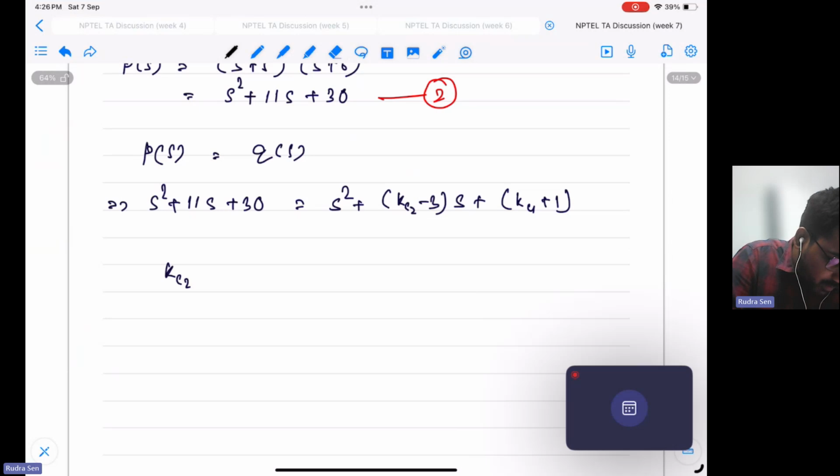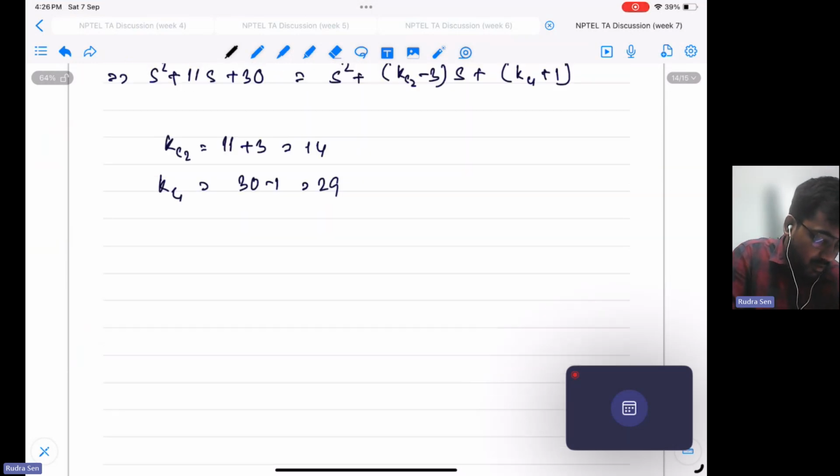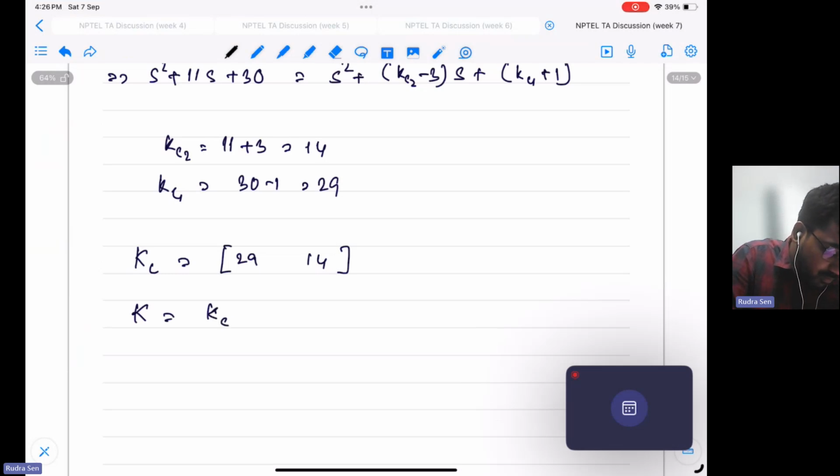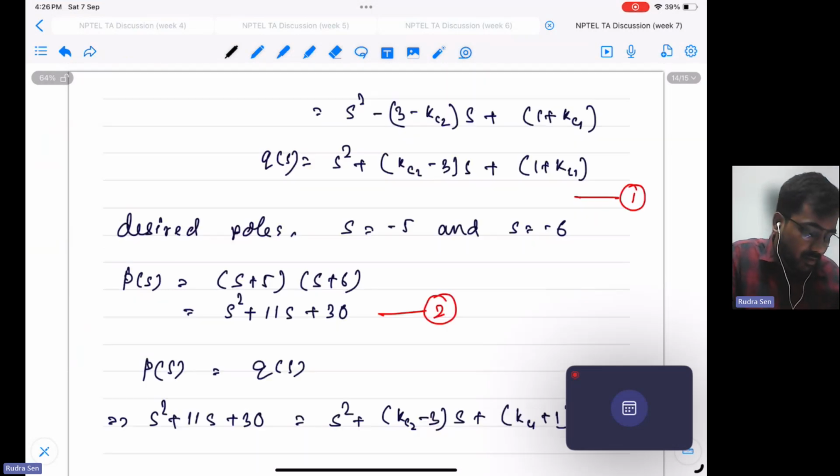So Kc2 equals 11 + 3, which is 14, and Kc1 equals 30 - 1, which is 29. So your Kc is basically 29 and 14.